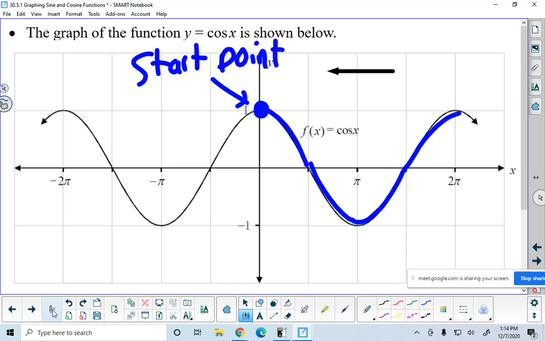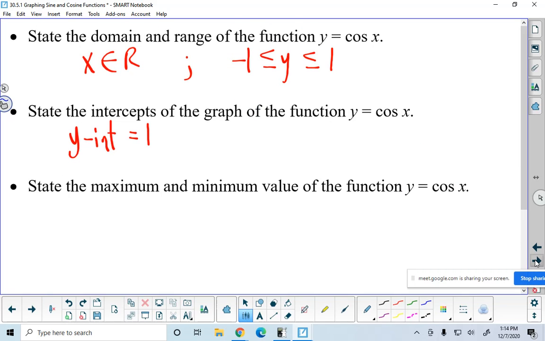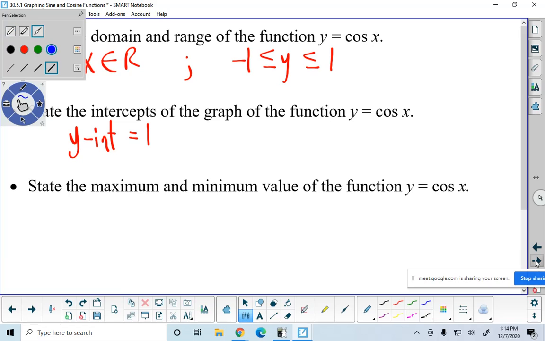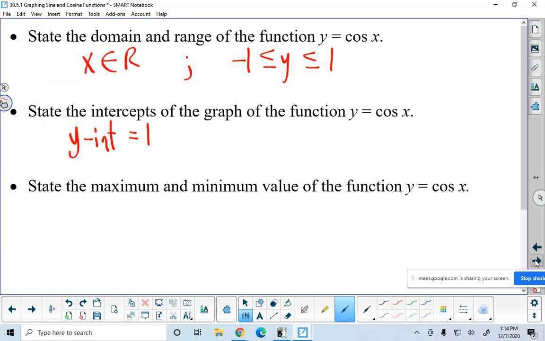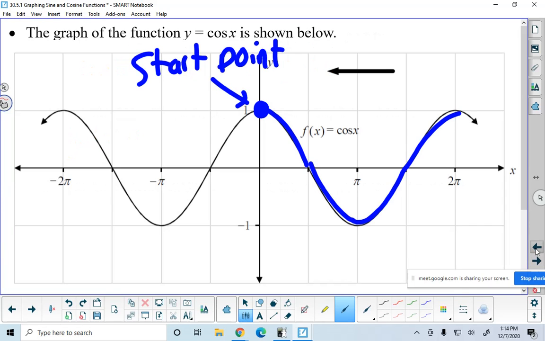Okay, so getting back now to the properties of cos, the y-intercept is 1. The x-intercepts are a little trickier. These x-intercepts, this one, and this one, and this one, and this one, are all pi apart.